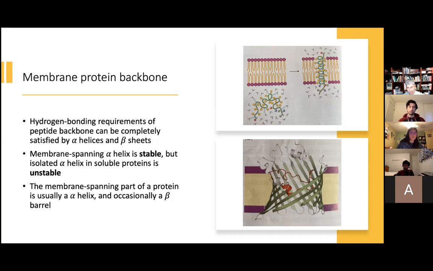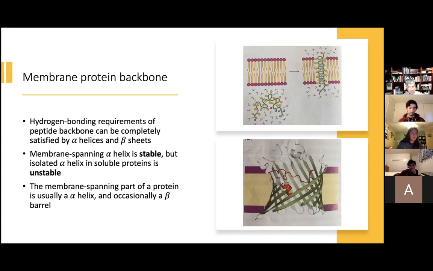Even though the membrane is a fatty, hydrophobic environment, the membrane protein, just by hydrogen bonding with itself, can satisfy all of its backbone's requirements.